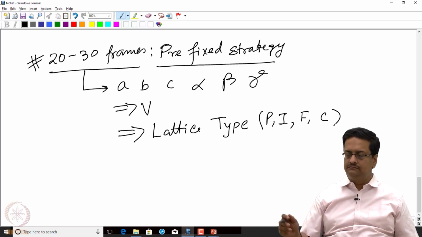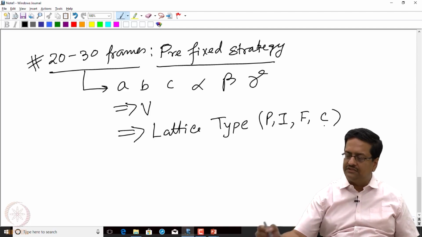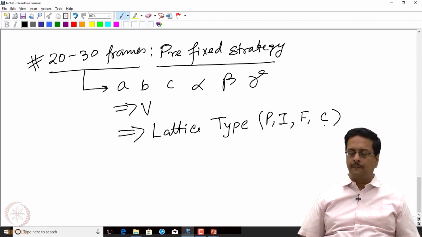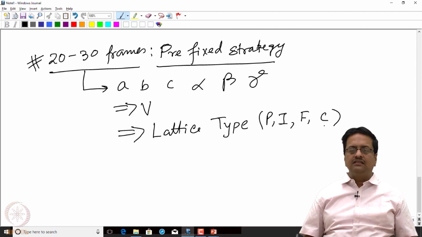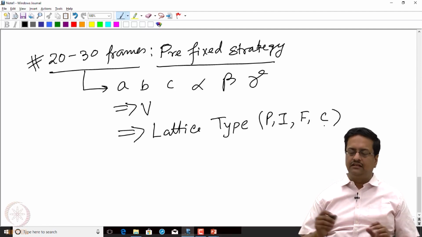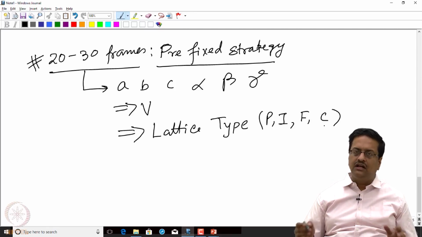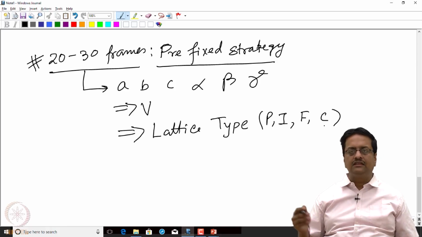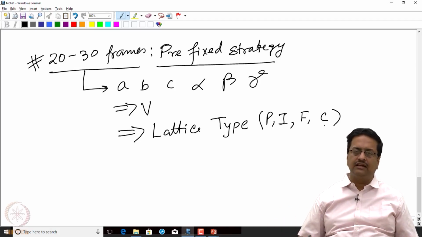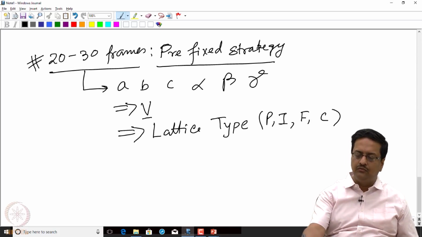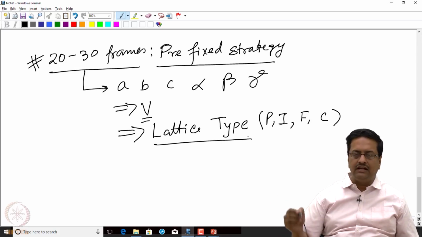In case of monoclinic system, you can have a C-centered lattice as well. Based on this information, a crystallographer would now try to find out whether the molecule that we have can be fitted in the given volume with the particular lattice type.